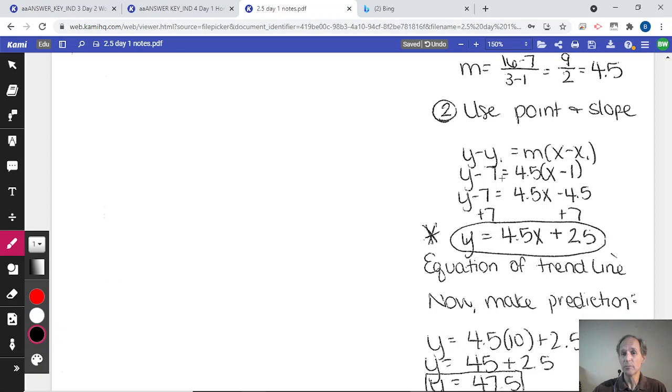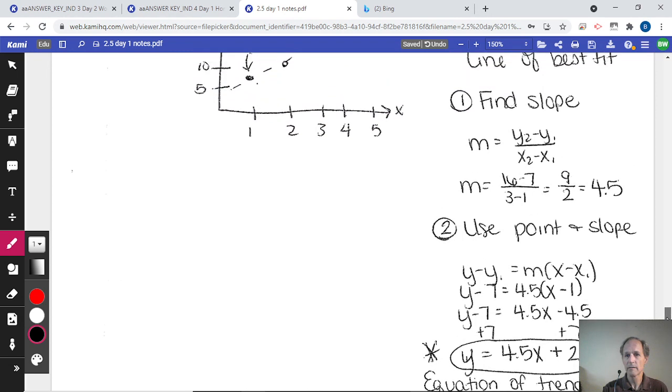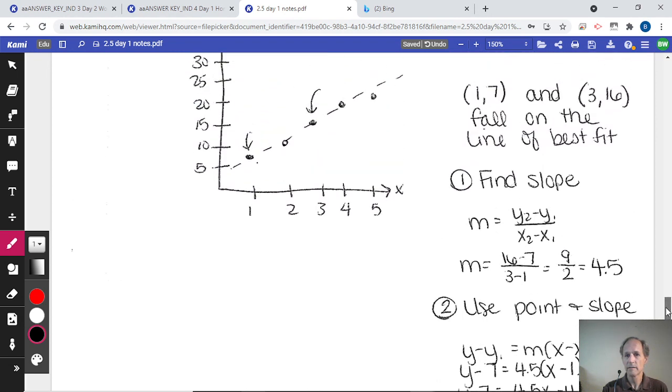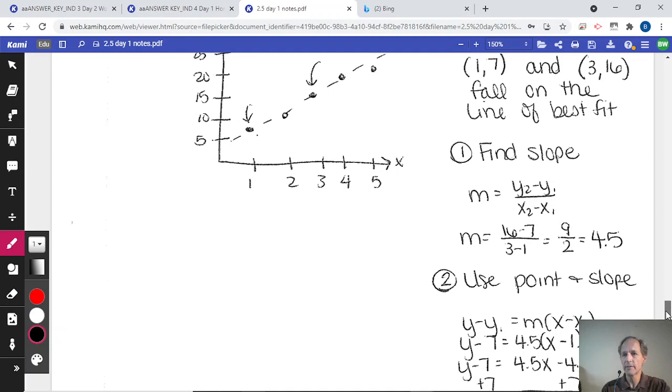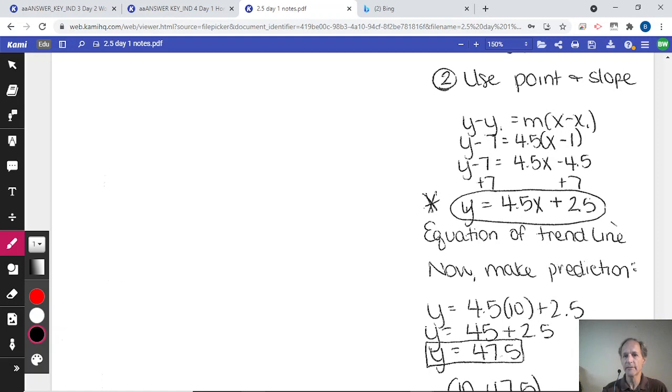We'll use either point. One of the points was 1, 7. The other point was 3, 16. We're going to use the point 1, 7. So I'll write that in here. You can use either one.